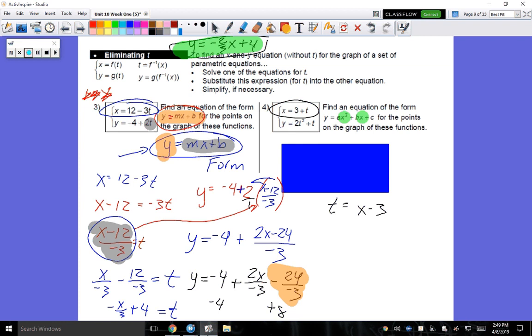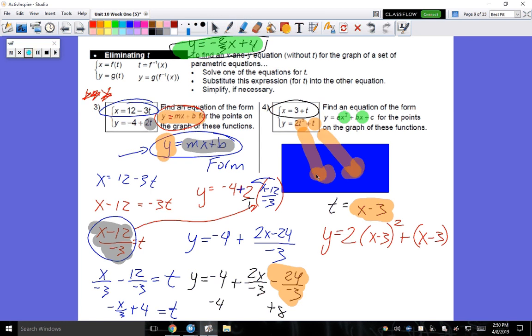And now I'm going to plug this value in for t here and here. So this is what I really have: y equals 2 parentheses x minus 3 squared plus parentheses x minus 3. Those parentheses are where those t's were in the original equation.